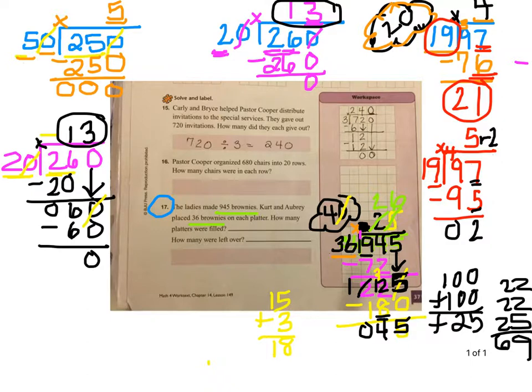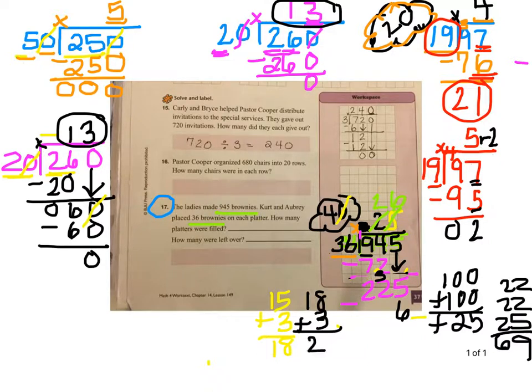So 6, here we go. We're at 225. All right, so 6 times 6 is 36. 6 times 3 is 18. 18 plus our 3 gives us 21.